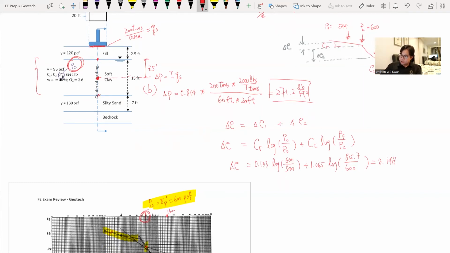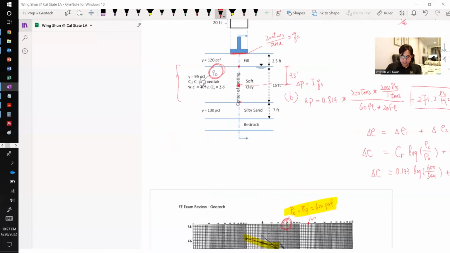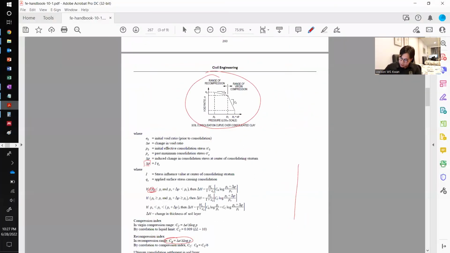And this equation shouldn't surprise us because it's also in the FE manual.